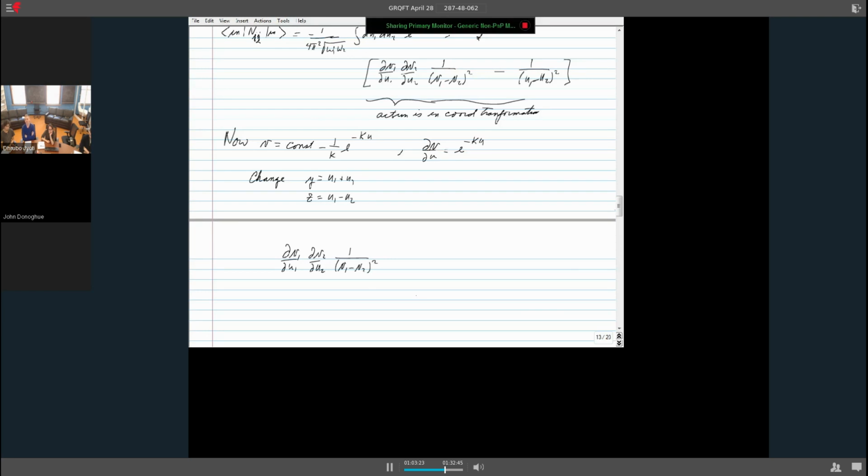And in the denominator there, the pathway is the following.